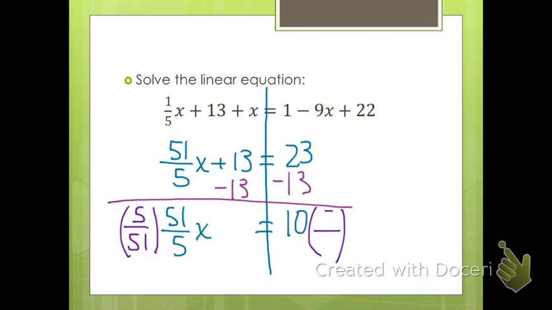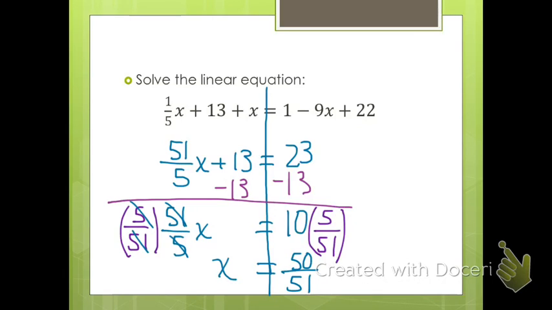I have to do it to both sides, 5 over 51, and we can simplify again. So this whole coefficient on x multiplies out to 1. So 5 is going to cancel, the 51's cancel. So this is 1x. So now I have x equals, and I have a number over here. 10 times 5 is 50 over 51.